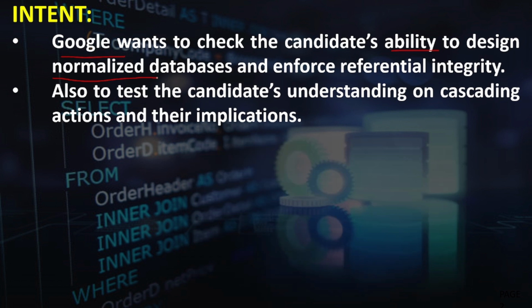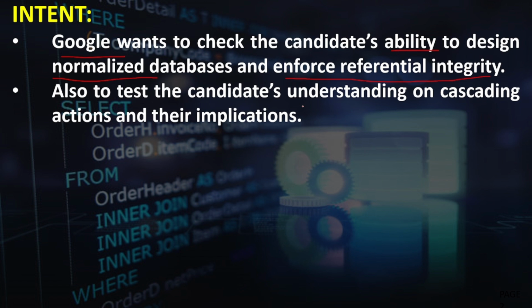So Google wanted to understand if the candidate has the ability to design normalized databases and also to enforce referential integrity. Referential integrity is also a kind of consistency between tables. So there are two tables that are interdependent.